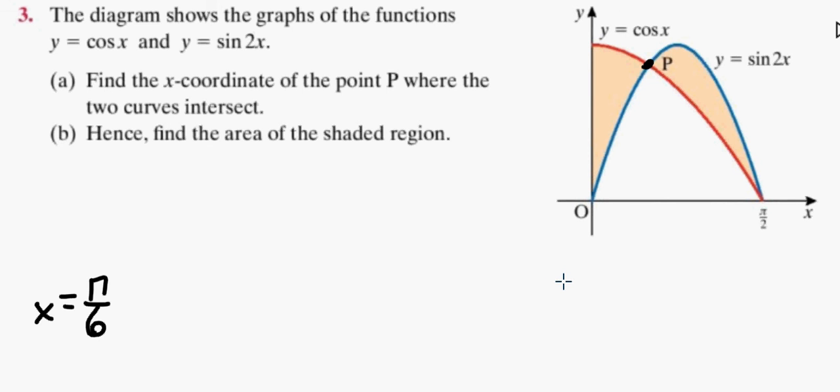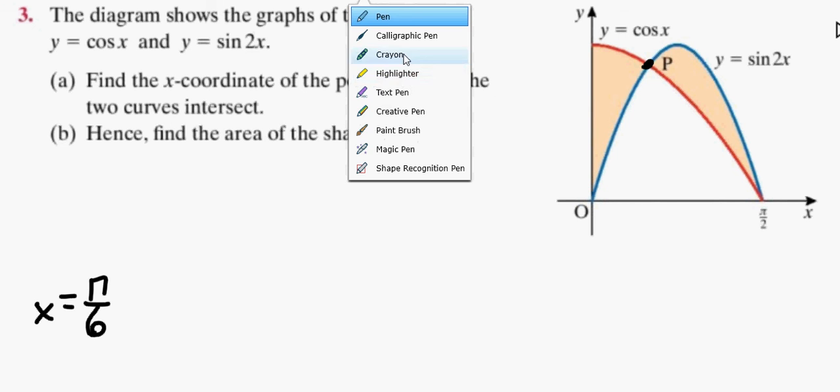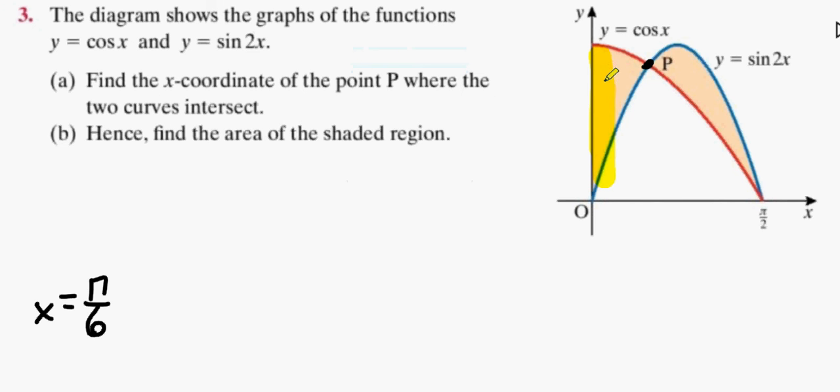I'm thinking something like this. Here's what I'm thinking. I'm going to get the area of, where's my highlighter? I'm thinking I'm going to get all of this. See this yellow region here? I'm hoping this works. And then yellow region.